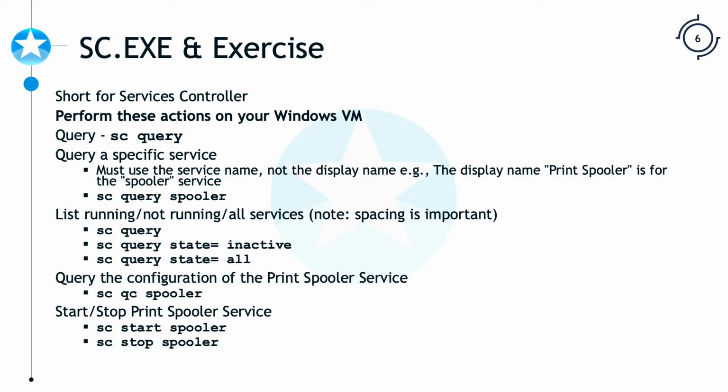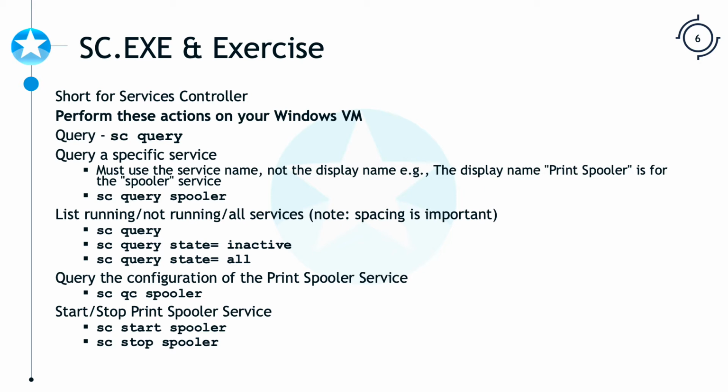If you put the space on the wrong side of the equal sign, it's not going to work. If you skip the space, it will not work. That syntax is a little bit funky, but it is what we have to do. If we want to see all services running and not running, we can say SC query state= all.